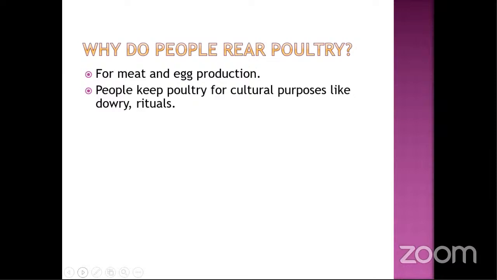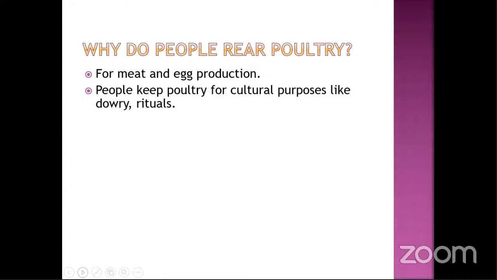People keep poultry for cultural purposes like dowry. Dowry is something paid, a price paid for something, mostly for marriage. The dictionary talks about a girl paying something to the boy's parents, but it is the contrary. We don't see this happening.